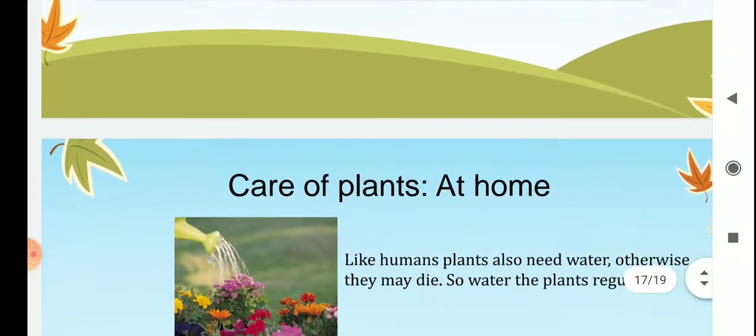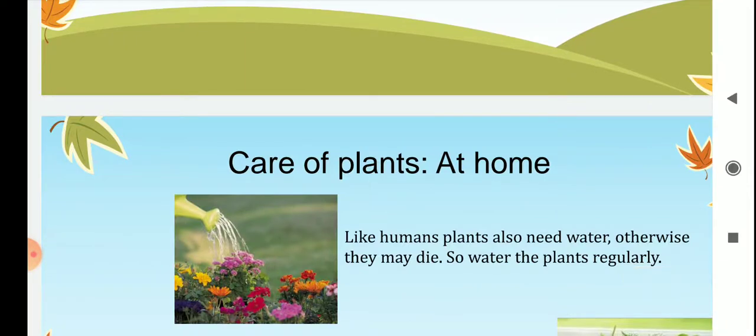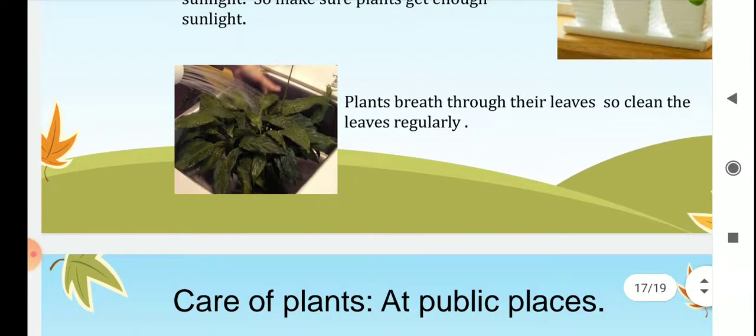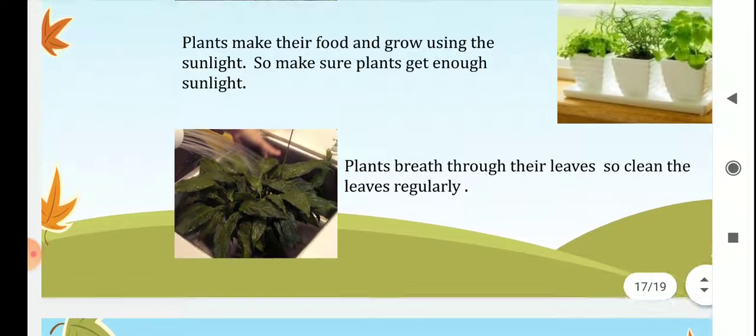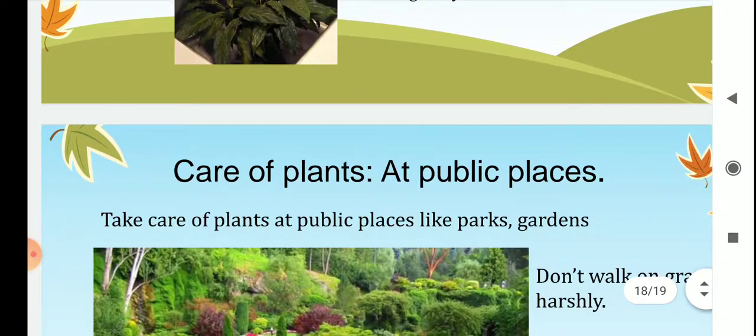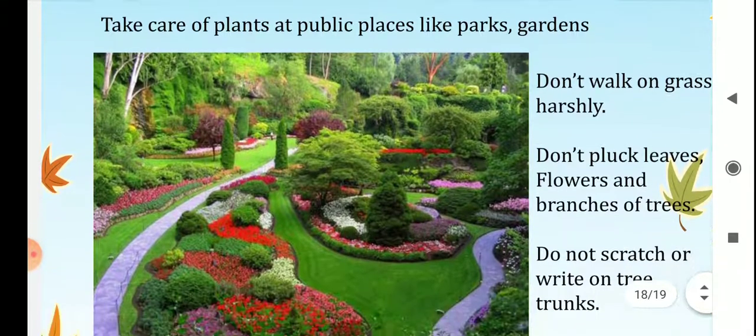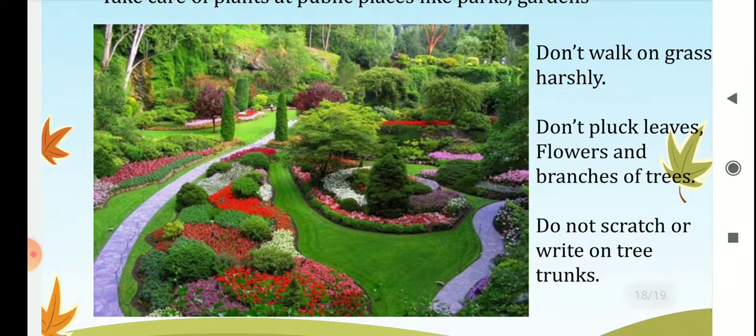Now obviously we need to take care of plants at home, outside, and also in forests. A plant or a group of plants can make a garden, and you are looking at this beauty, how one can make nature very beautiful.